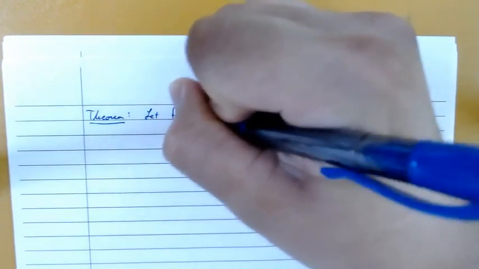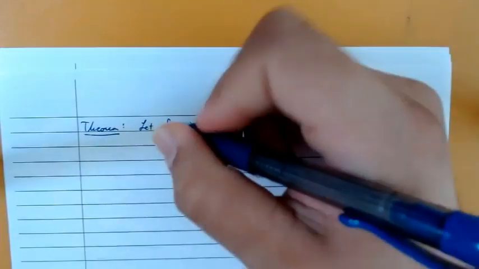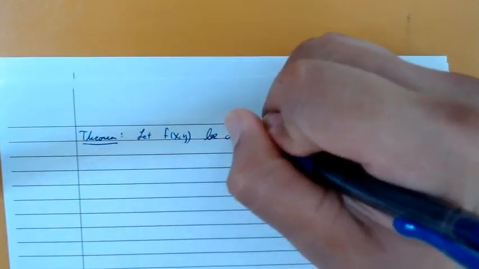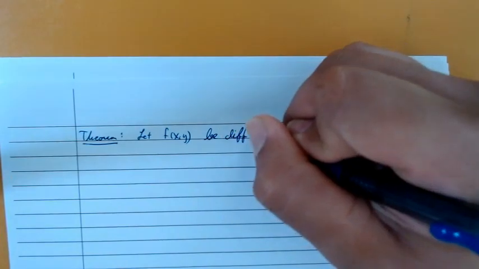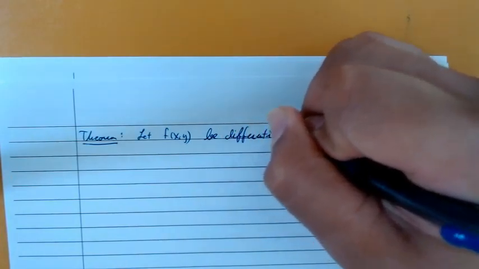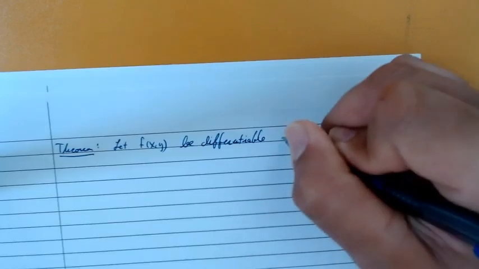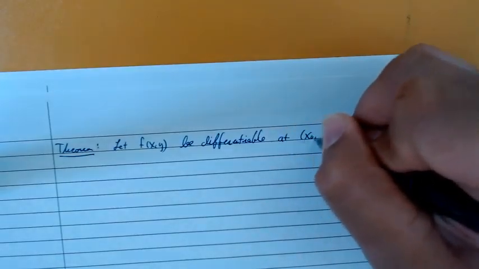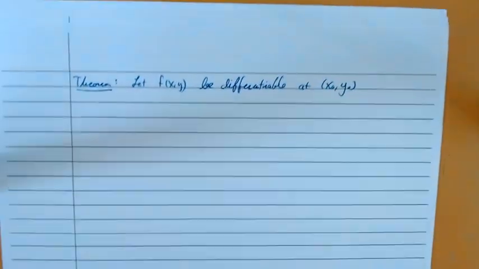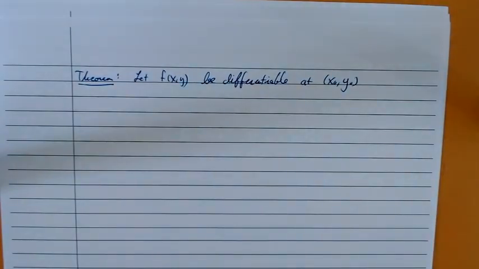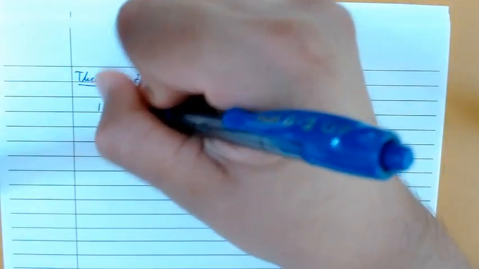Let f of x comma y be differentiable at some point, which we'll call x naught comma y naught. Doesn't really matter what that point is, just differentiable at some point. Then the following things are true.